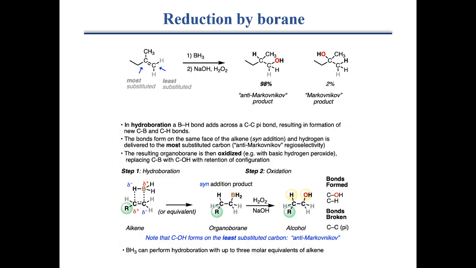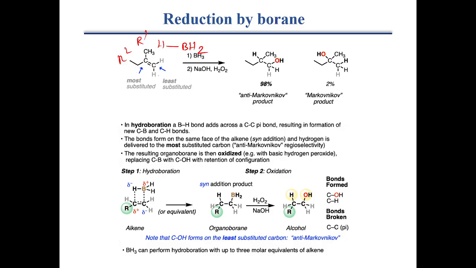Now what happens in boron reduction? In presence of an alkene, where two carbons are substituted by R1 and R2 but one carbon is free, hydroboration happens in the cis orientation.